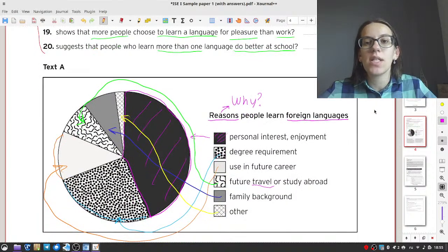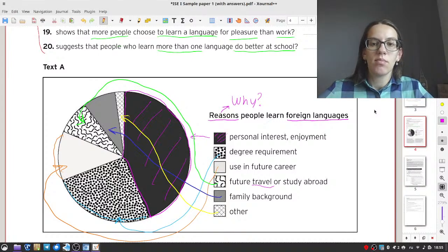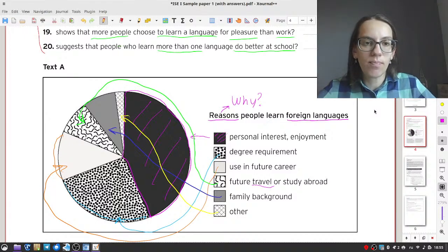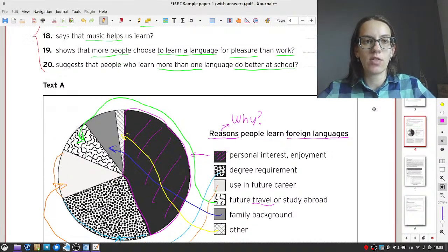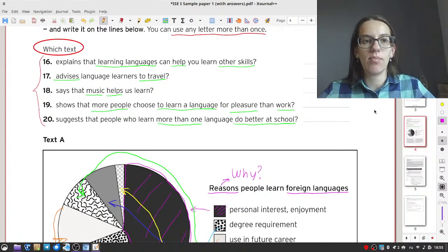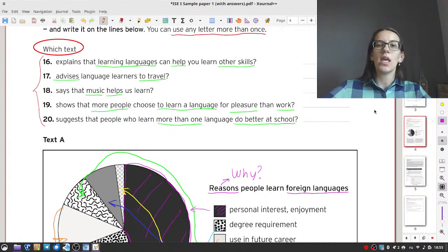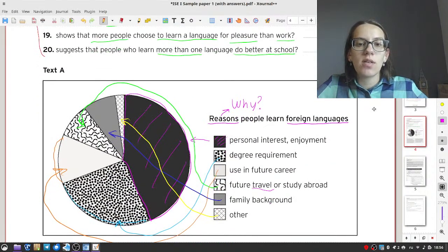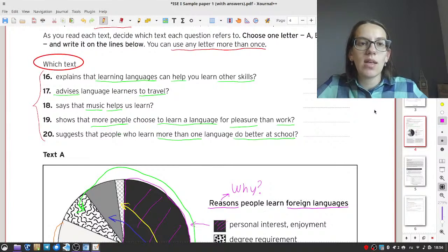No, it just states how many people think that they need to learn a foreign language so that they can travel in the future. So 17 is not A. Just because one of the keywords is the same, it doesn't mean that it's the right answer. It doesn't advise language learners to travel.